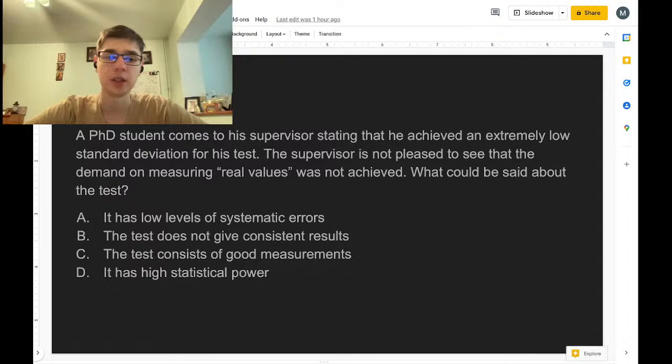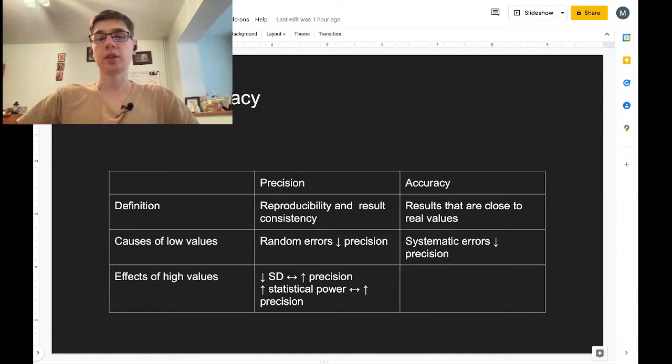Okay, we have a D. Miss Hyatt, could you tell us why you chose D? Precision is defined as the reproducibility and result consistency.